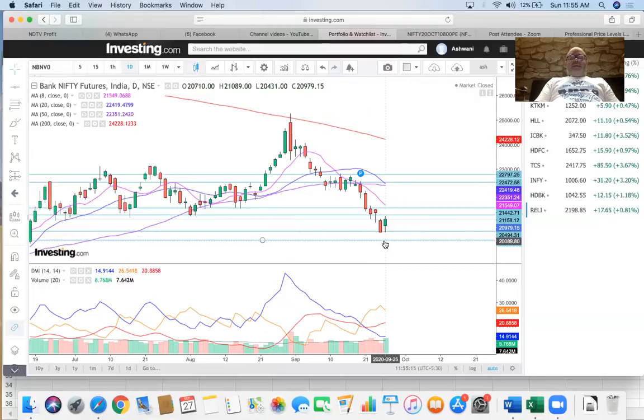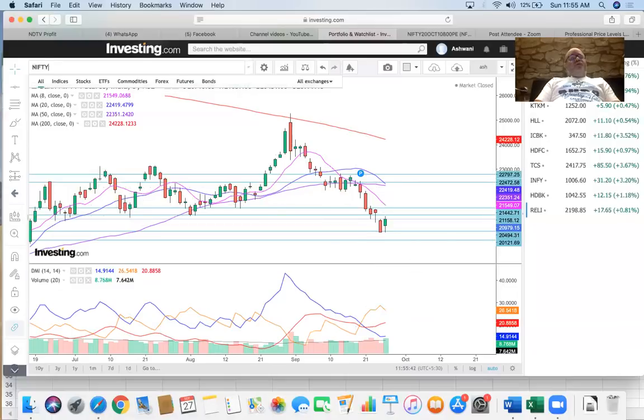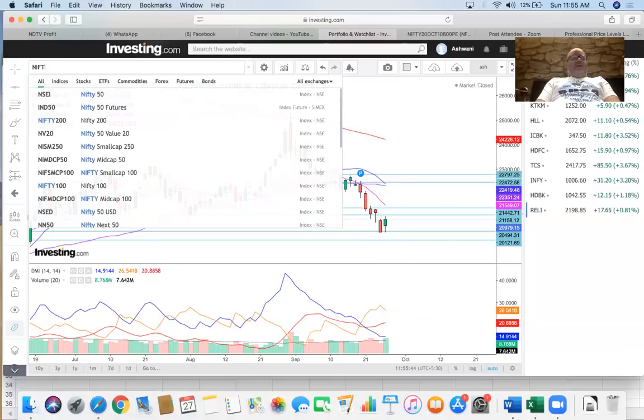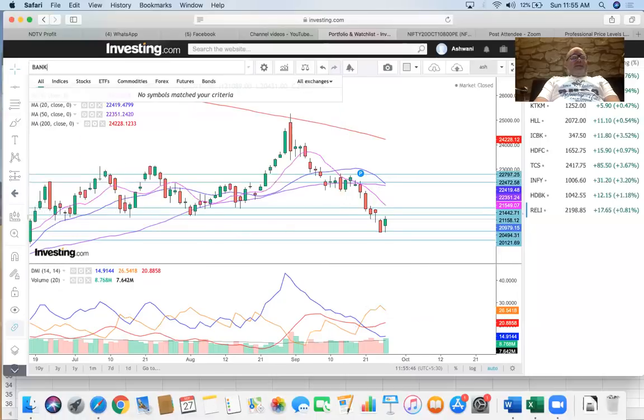You have downside support at 20,100 to about 20,430 thereabouts. And then once you cross this zone, you could have a rally back till here because Bank Nifty is quite overstretched. So maybe we could have some more pullback on the Bank Nifty.